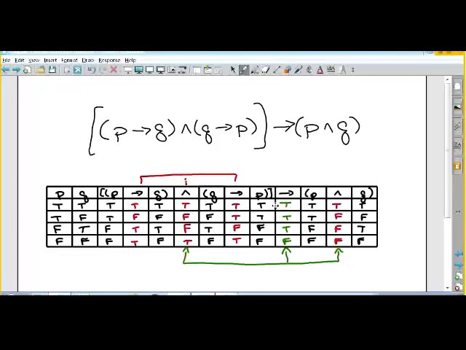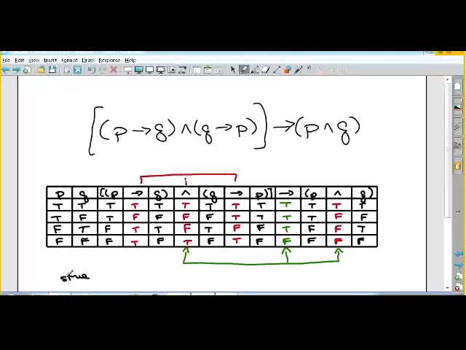Whatever that original argument was, we don't know what it was, but if you used that reasoning, it would be invalid. All you need is one false. You could have 10 falses or 2 falses or 1 false. One false ruins it for the whole thing and means that it's invalid.